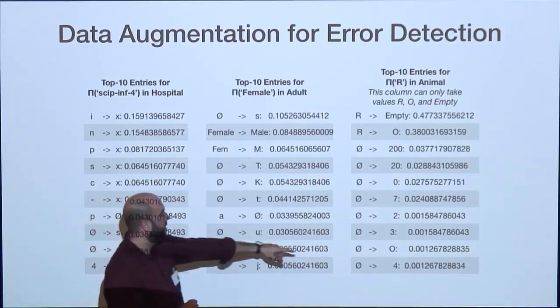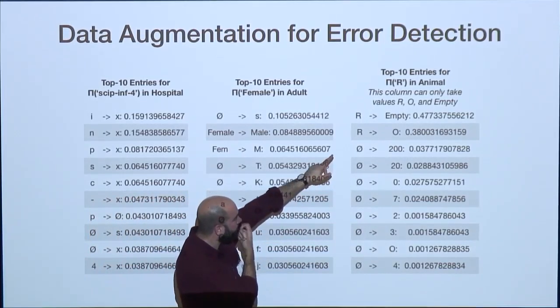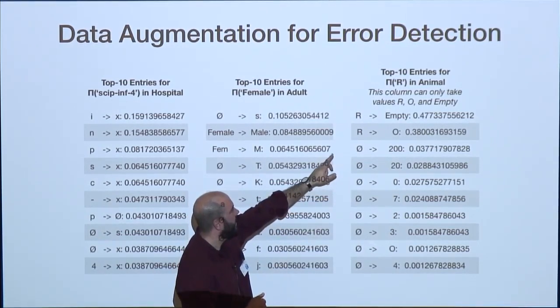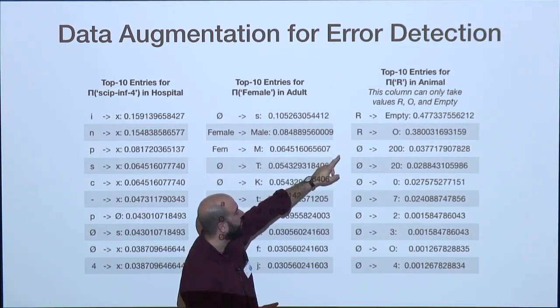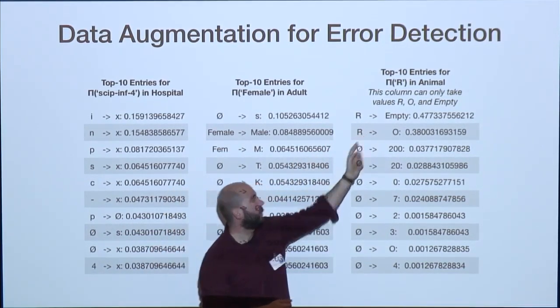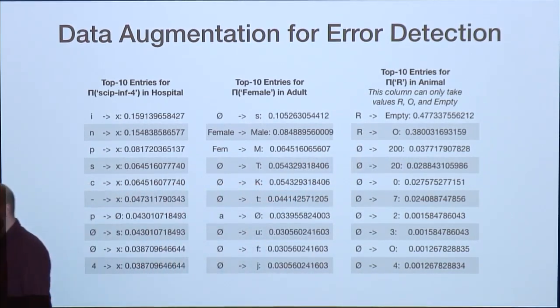And this is a data set from Berkeley about animals, and they have a column about animals in captivity that can take values R, O, or empty, and there is confusion between R and empty and R and O. So these transformations are learned directly from the input data set and some examples from humans.